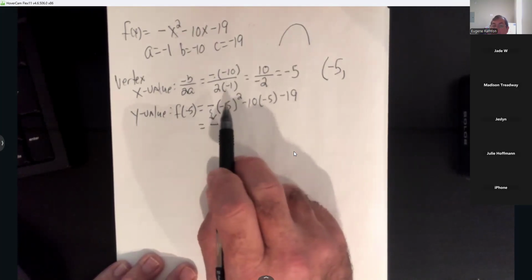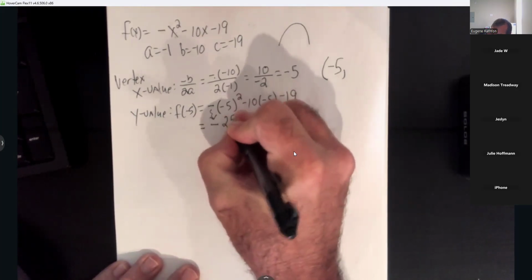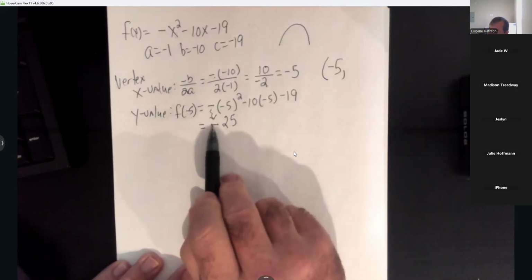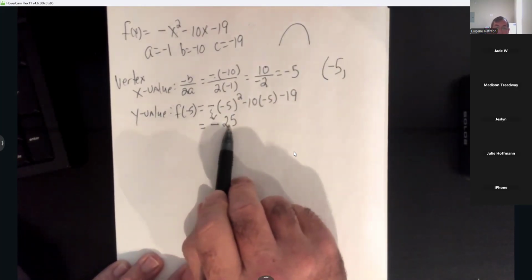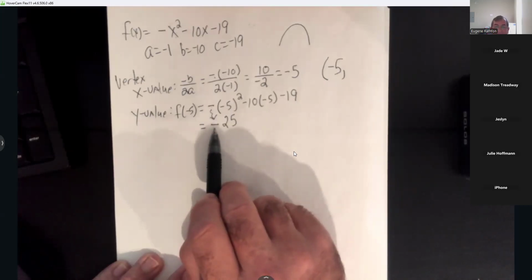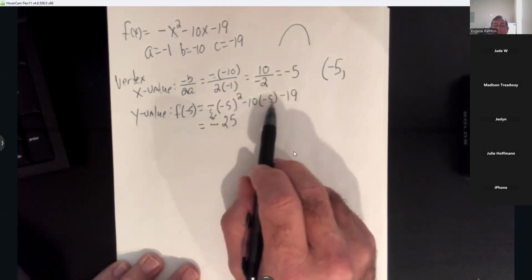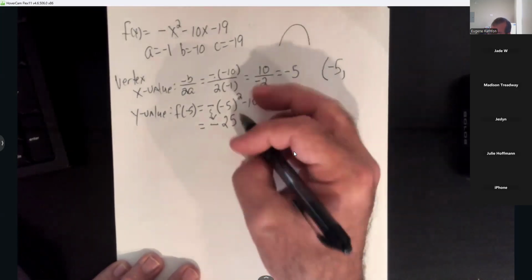Well, -5 times -5 is a +25. So this negative makes it stay negative on this one, because 3 negatives will end up as a negative, okay? Here, -10 times -5 is like a +50.